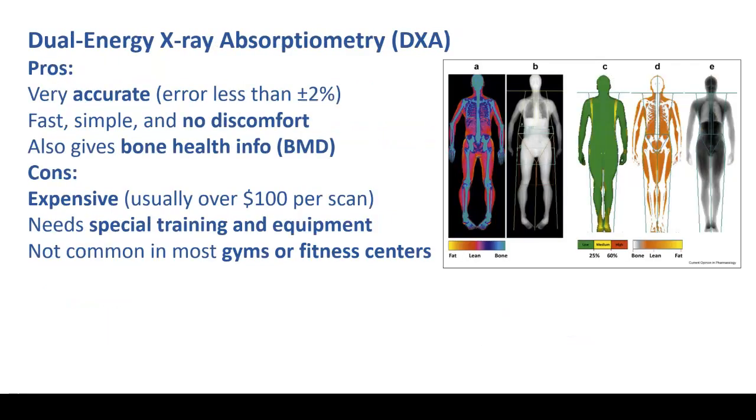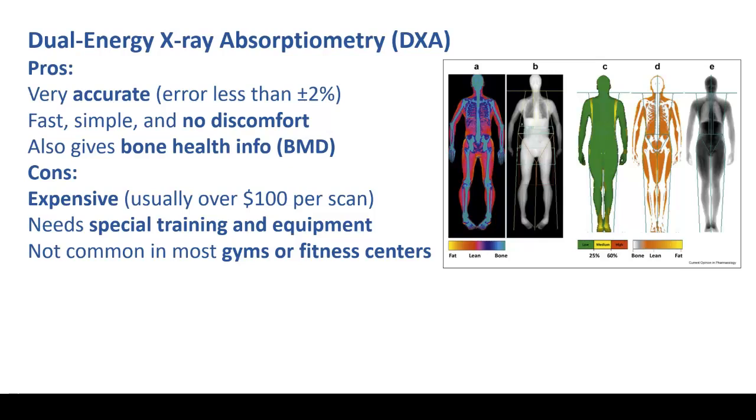Here we have good things and not so good things about this. It's very accurate. Error is less than 2%. It's fast and easy and tells you about three components: fat, muscle, and bone health. And you don't have to do anything during the test, just lie down.